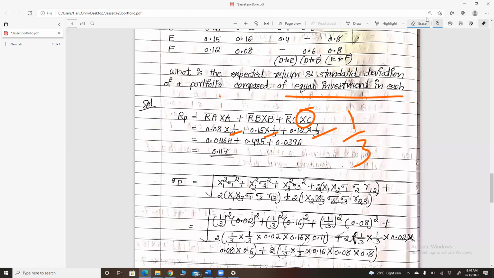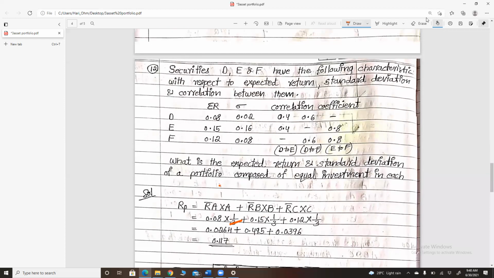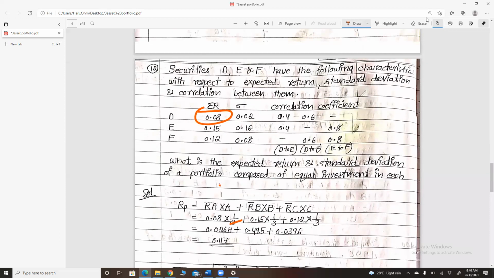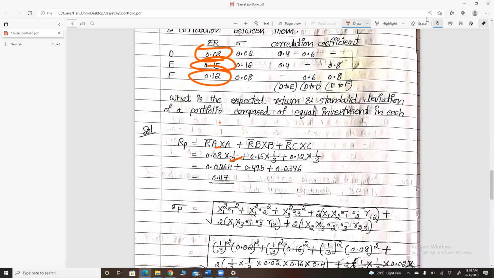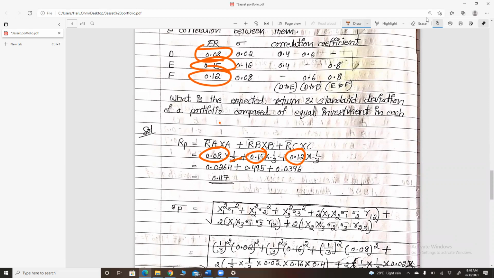Then next, you have to check R bar A, R bar B, and R bar C. Here it is easy because directly given, that is 0.08, 0.15 and 0.12. So apply the formula: 0.08, 0.15, and 0.12. Then proportion is 1 by 3, 1 by 3, and 1 by 3. The answer you get is 0.117. Hope you're clear. This is RP, or return of the portfolio.